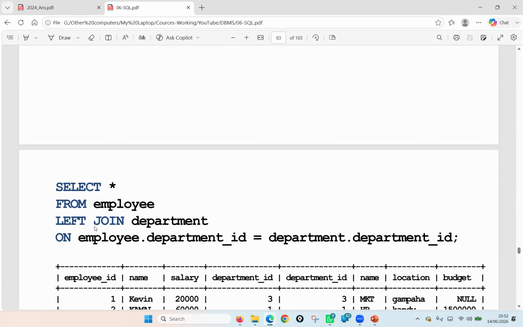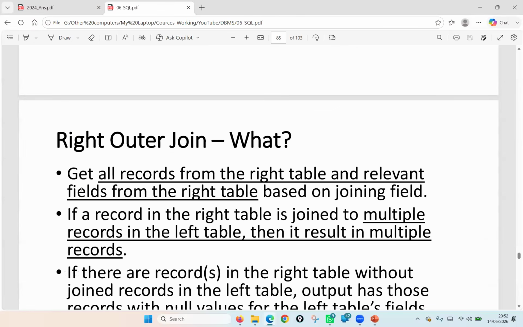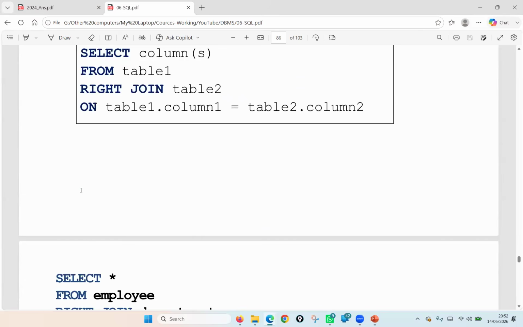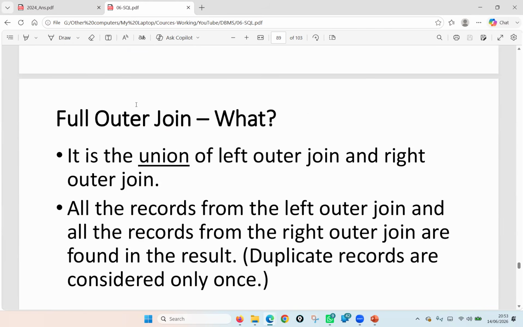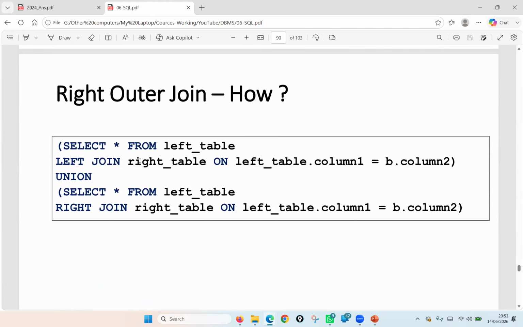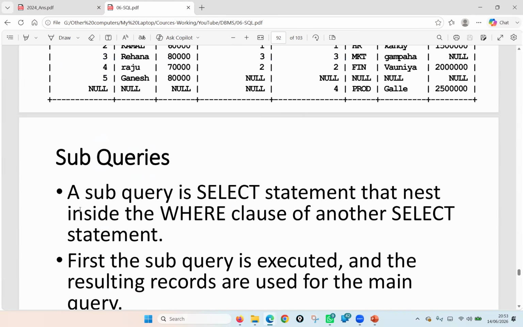Left join, right join, full join, we wrote as left join union right join. But we never use just the word join, right? Full outer join, you can say left join union right join. Okay.